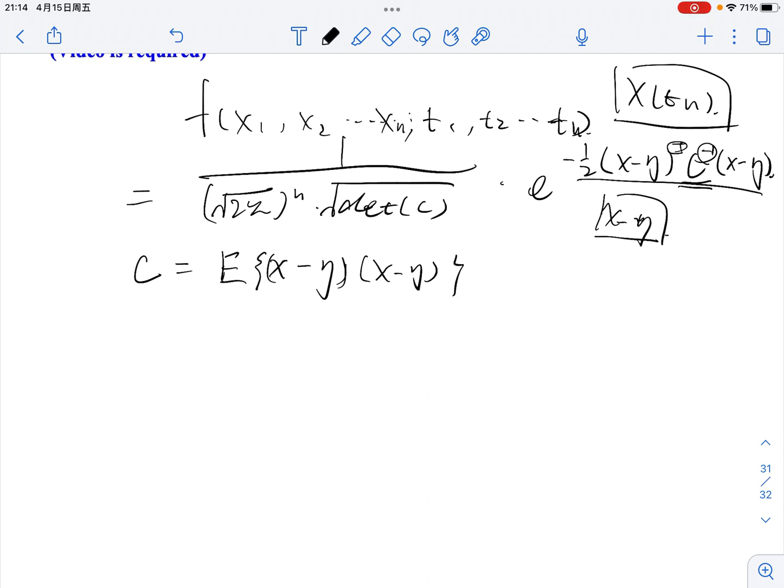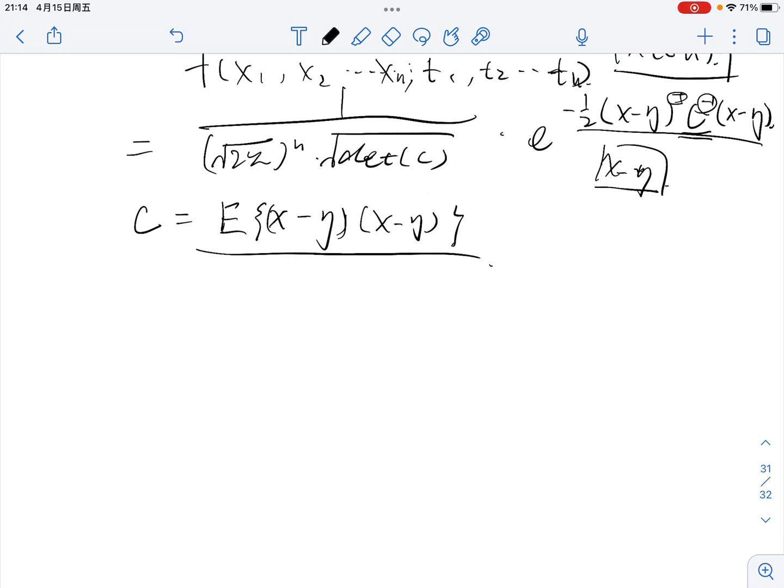So we take the expectation, and this is the covariance matrix. If we expand this further, it's the expectation of the whole term.